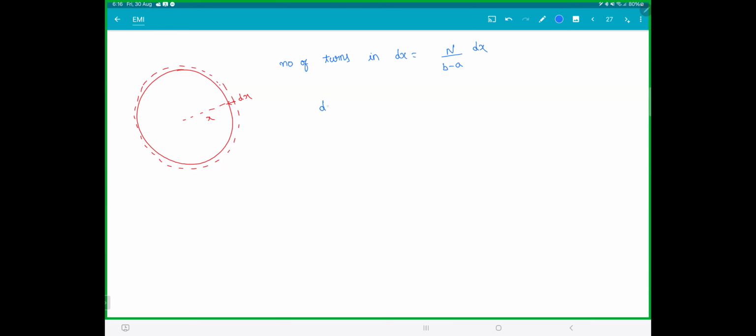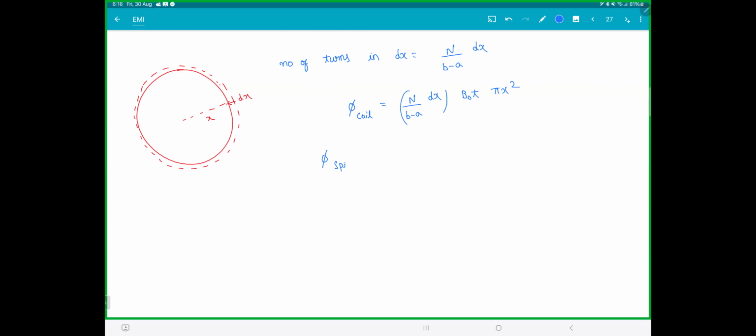So flux in that one coil of radius x, I'll just call it flux coil, would be total number of turns n by b minus a into dx, into magnetic field b naught t, into area pi x square.